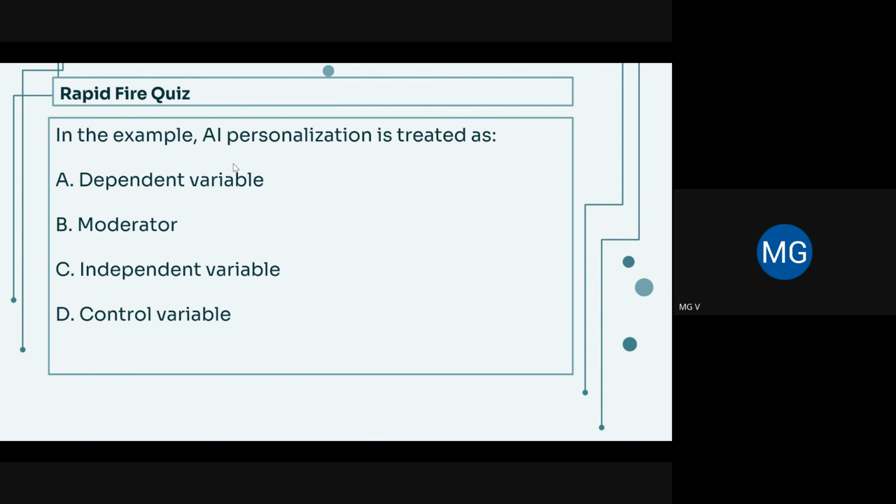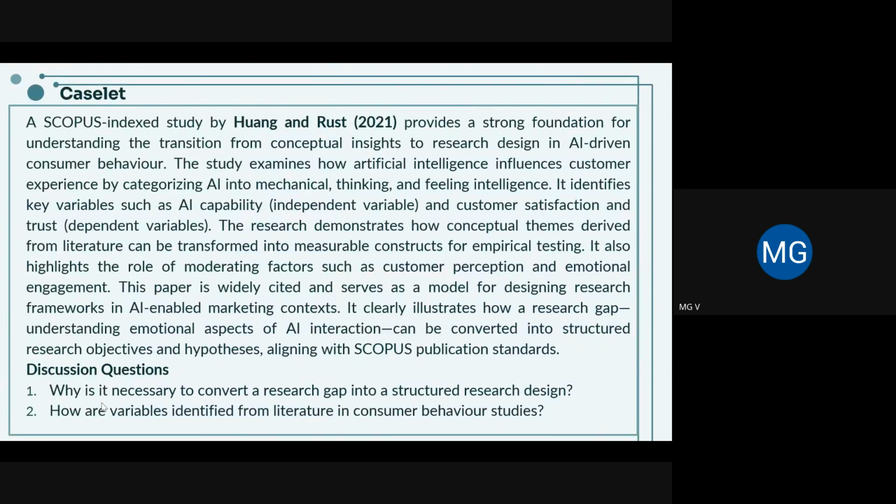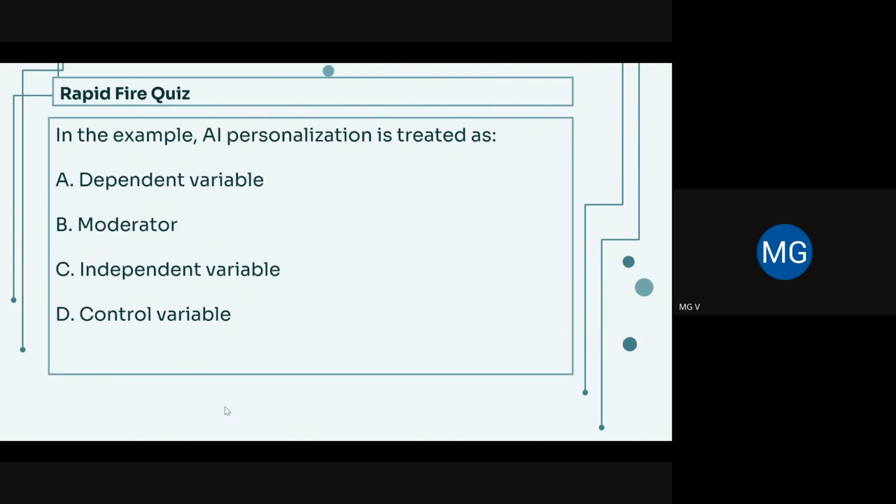Let me show you the caselet again. Now I hope you can identify. So AI personalization is treated as the independent variable.